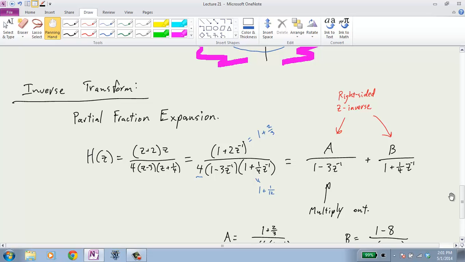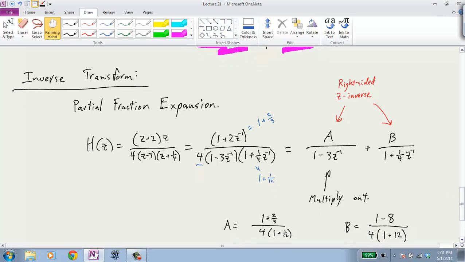However, a few things you'll notice. First of all, you must make sure the numerator is lower order than the denominator.